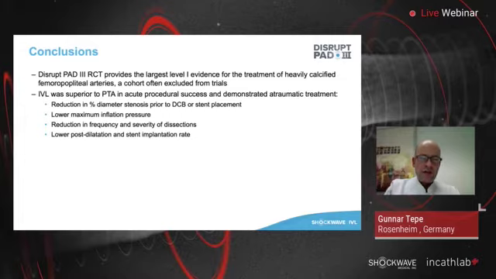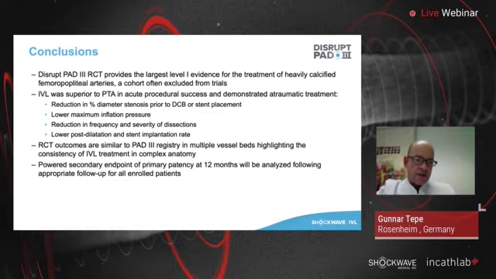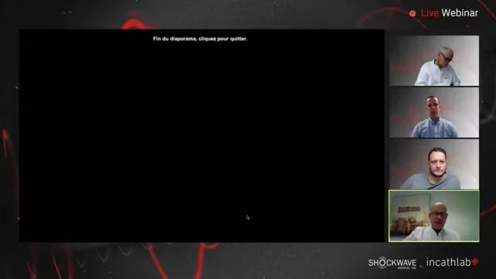Randomized controlled outcomes are similar to PAD3 registry data in multiple vessel beds, highlighting the consistency of IVL treatment in complex anatomy. The secondary endpoint of primary patency at 12 months will be analyzed following appropriate follow-up for all enrolled patients.